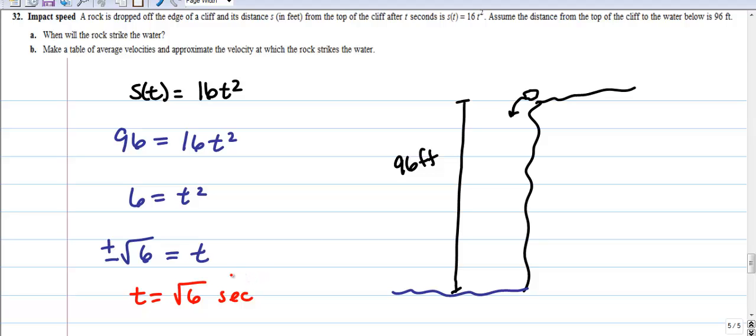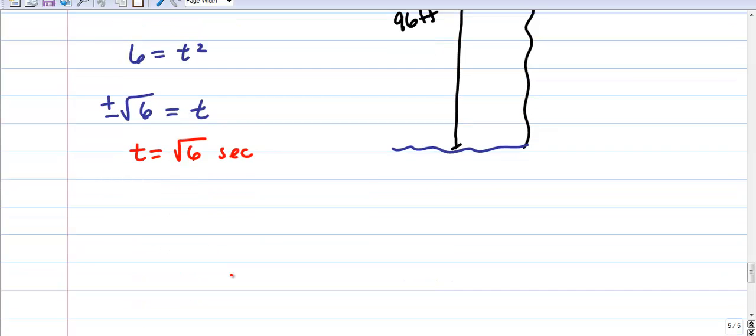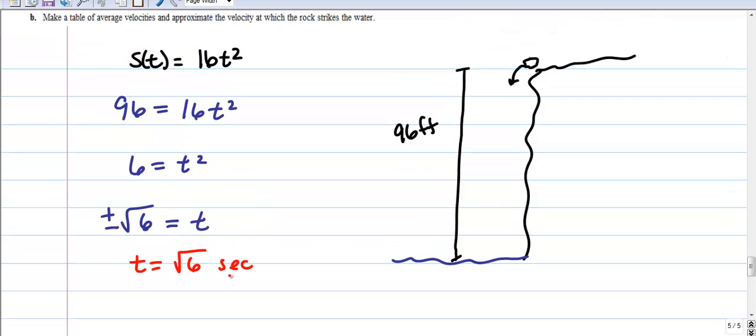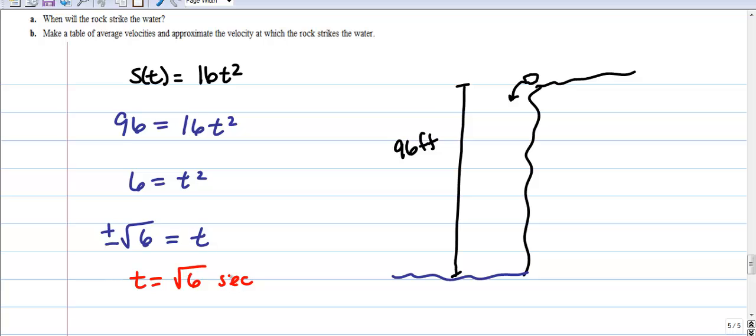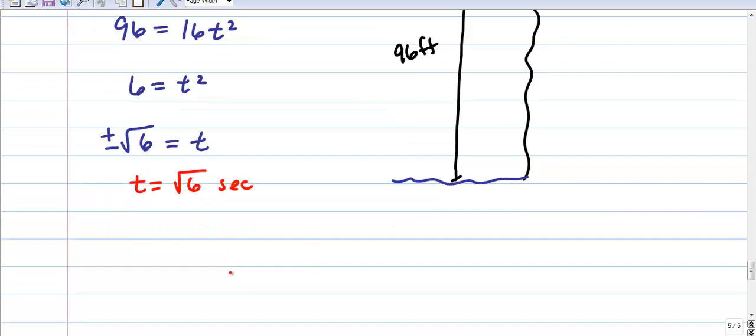Then it says to make a table of average velocities. And so what you can do there is make a table of yourself getting really, really close. And so you would just set that up and do like we did on the other tables. And I think in my math lab it actually gives you a set of tables to use, which makes that handy.